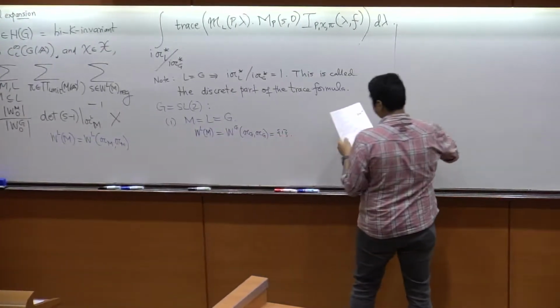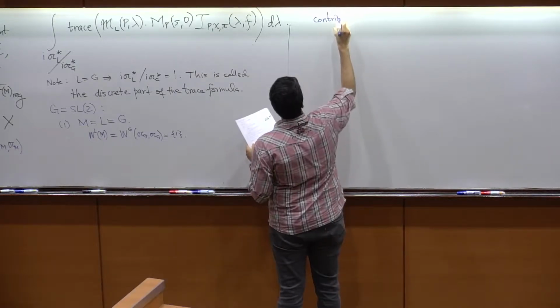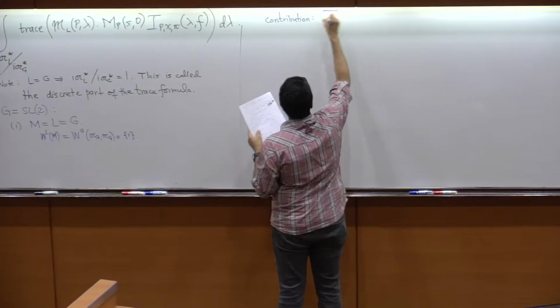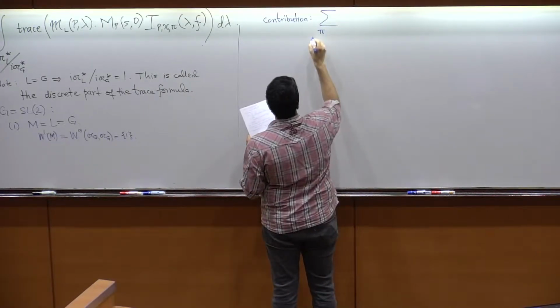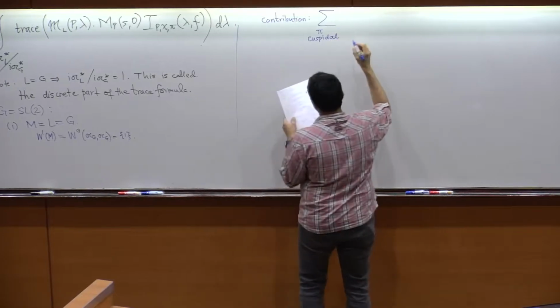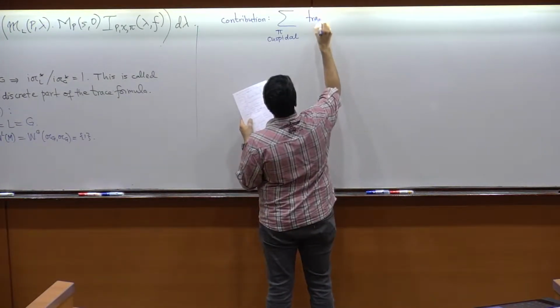The contribution from this is given by a sum over pi cuspidal automorphic representations of the multiplicity, which is 1, and you have the trace.